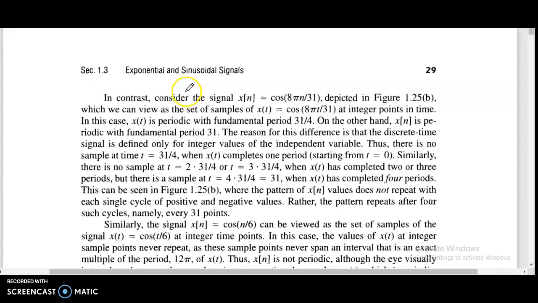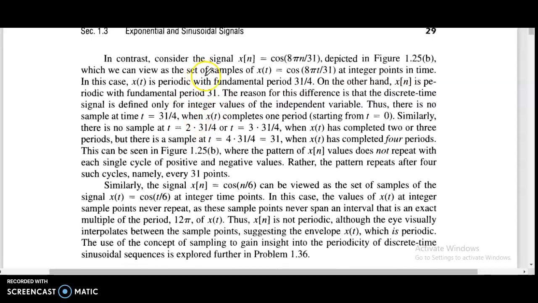In contrast, consider the signal x of n equals cos of 8 pi n divided by 31, depicted in figure 1.25b, which we can view as the set of samples of x of t equals cos of 8 pi t divided by 31 at integer time points.